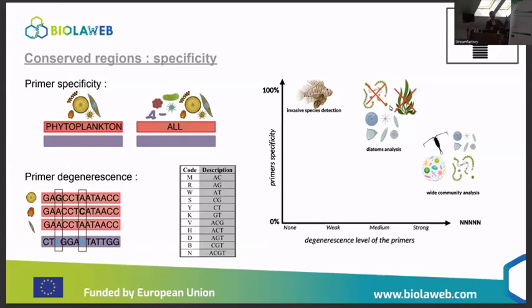So for your primers, for instance, in the bottom right of the slide, you see that between the three different species, the A at the third position is not present in the last species, which has a G. So for the design of these primers, you can put either the complementary base of A, that is a T, or the complementary base of G, that is a C. And it can be written as a Y, based on the code that is available online.